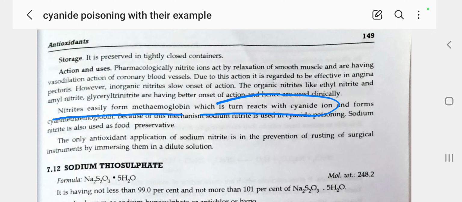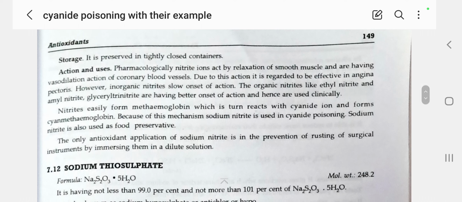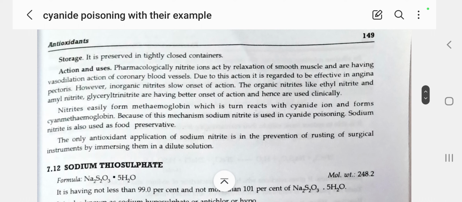The hemoglobin already present in the blood, after taking sodium nitrite, is converted to methemoglobin. The cyanide binds with the methemoglobin to form non-toxic cyanomethemoglobin, so the poison can be easily removed. Because of this mechanism, sodium nitrite is used in cyanide poisoning.